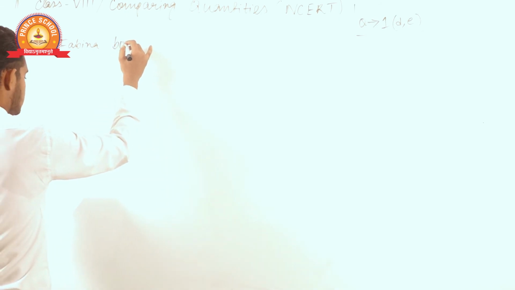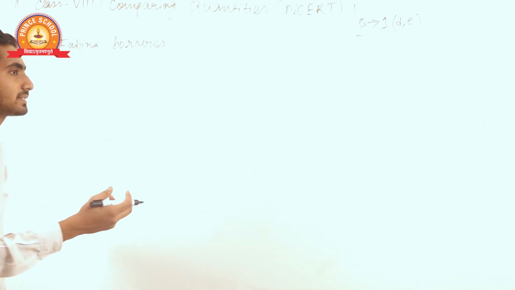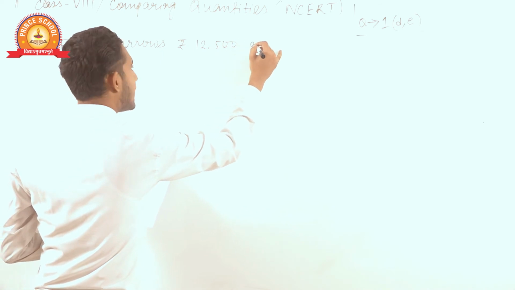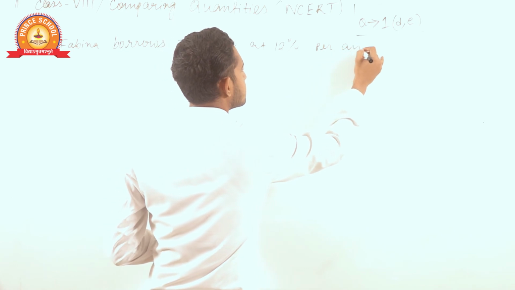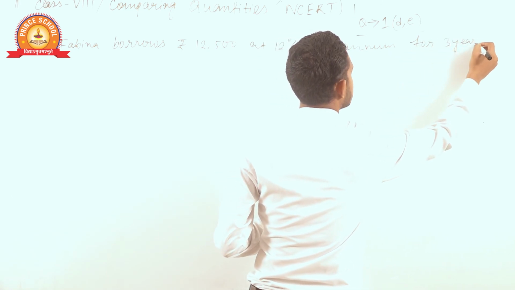Fabina borrows, means takes a loan from any institution, like post office, bank, like this. Rupees, how many rupees? 12,500 at 12% per annum for 3 years, but at a simple interest.